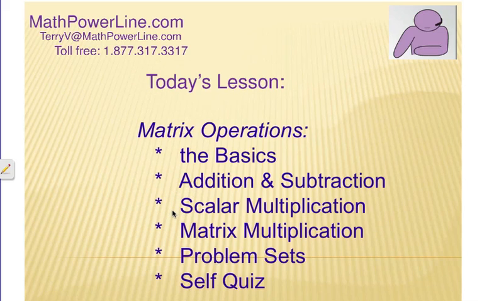What happens if you're going to multiply all the numbers in a matrix by an outside factor? That's called scalar multiplication. Sometimes we'll multiply two matrices together. That's called matrix multiplication. You had a chance to practice some of these skills with some problem sets, and now we have a self-quiz. This self-quiz is in two parts, and we're going to talk about adding and subtracting and scalar multiplication in this one.